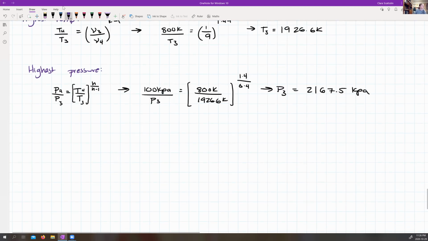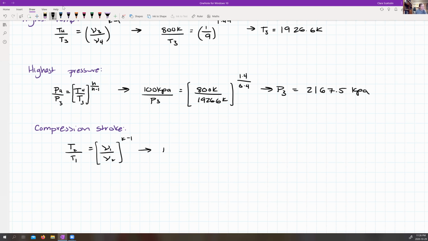So this is over my compression stroke. I need to solve for T2. That relationship, we've already used it. T2 over T1 equals V1 over V2 to the K minus 1.